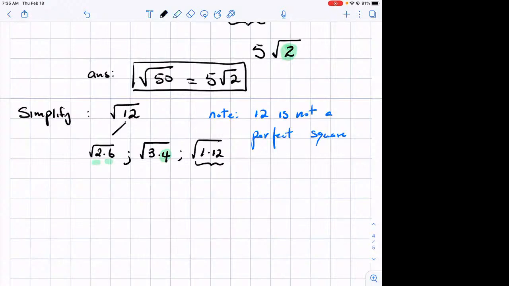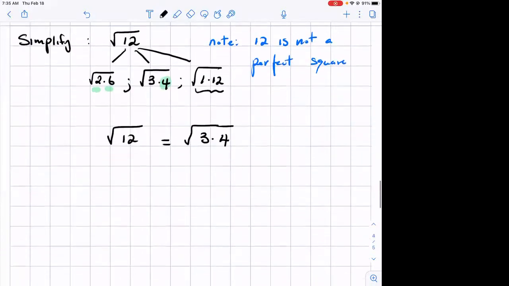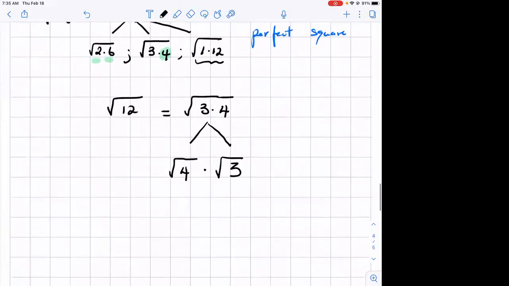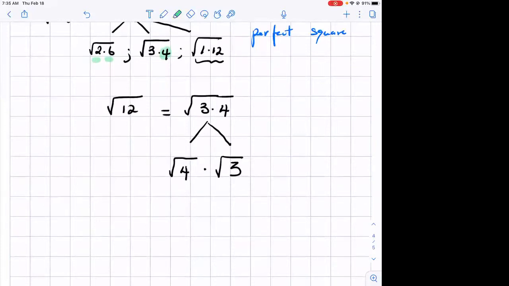So what we'll do, we'll take the square root of 12, which is the same as the square root of 3 times 4. And we can rewrite this, and I always like to write the perfect square first: square root of 4 times square root of 3. This is just my style. I always tend to write the root that is the perfect square first.